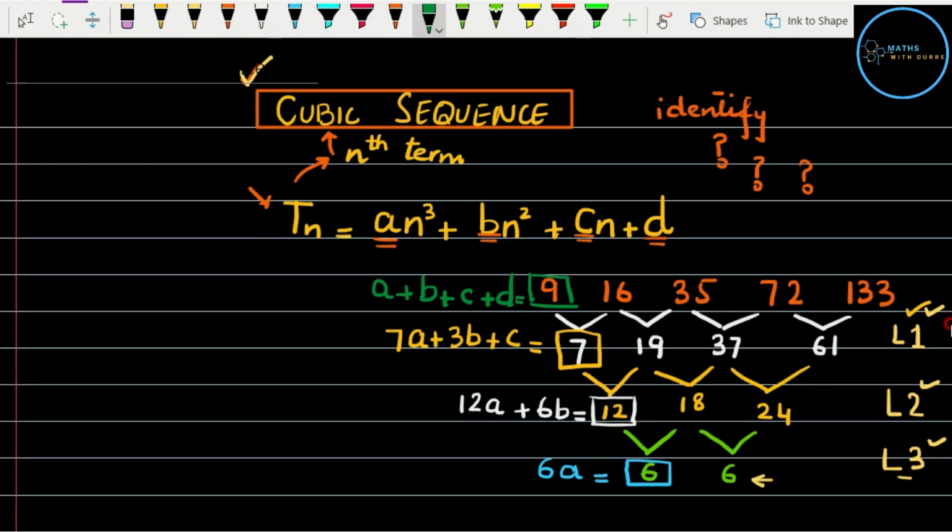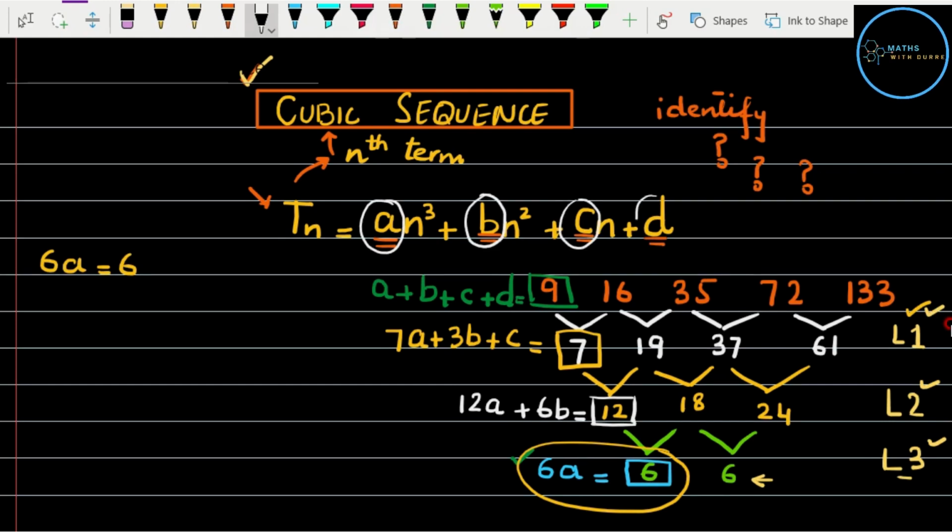Now I'm going to solve it. I will start with 6a. I have to make this equal, so it becomes an equation. I told you earlier, we need to find only this a, this b, this c, this d.